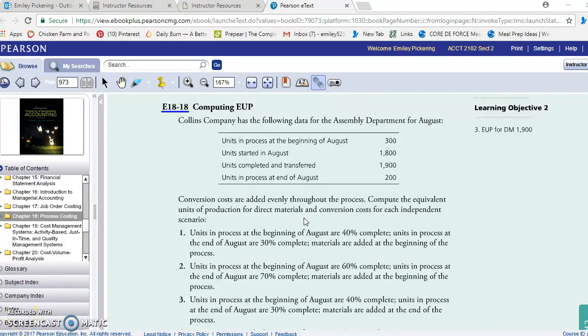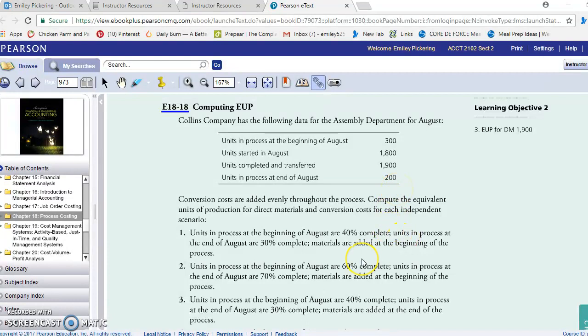When we're looking at that one, we know that 1,900 units were completed and transferred out, so that's going to be 100% of the cost there. And then we had 200 units in process at this point, so that is going to be an additional 100% because the materials are added at the beginning.